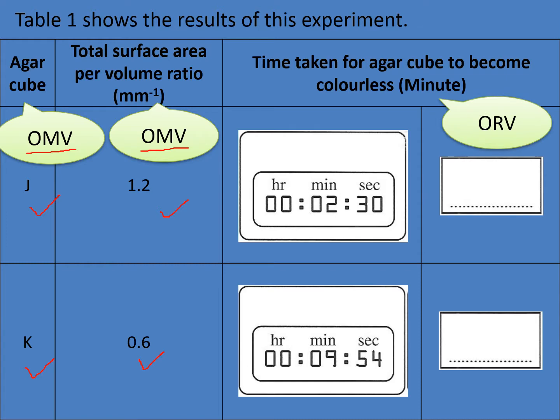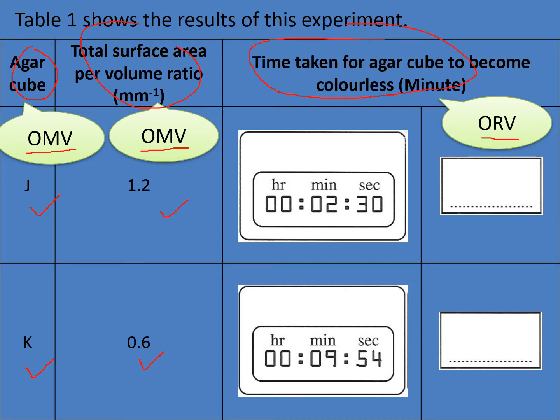Time taken for agar cube to become colorless, this one is operating responding variables. Okay, when you write your answer for observation later on, you must use operating manipulated variable, this one or this one, and connect it with this one.